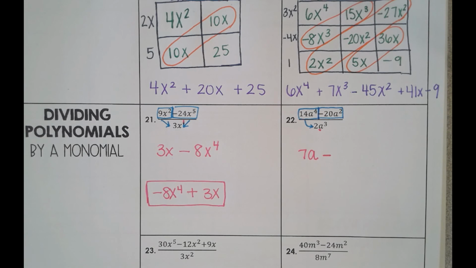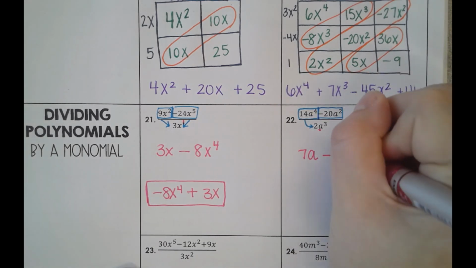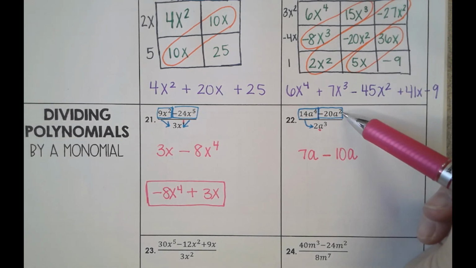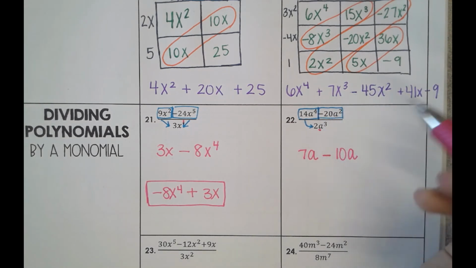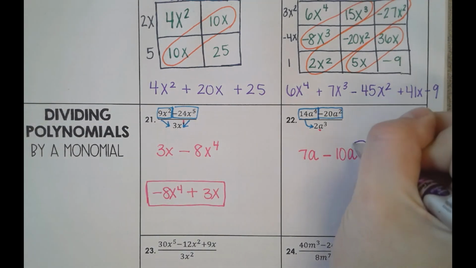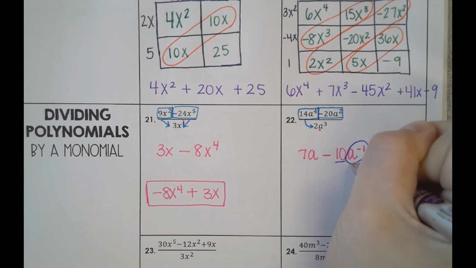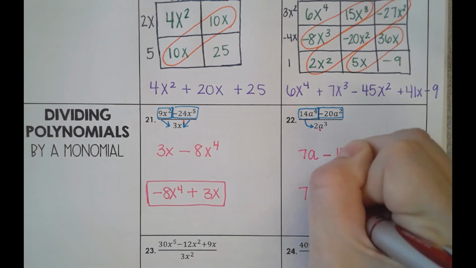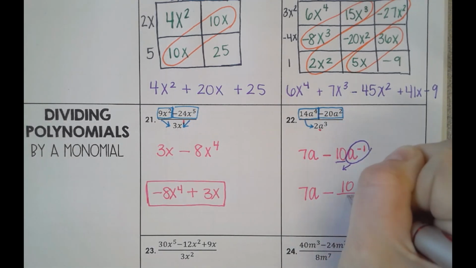Negative 20 divided by 2. That was the negative 10. A. If I subtract the exponents, 2 minus 3 is negative 1. But we don't leave negative exponents in our answer. We have to bring that a to the bottom to get that negative to go away. So 7a minus 10 over a.